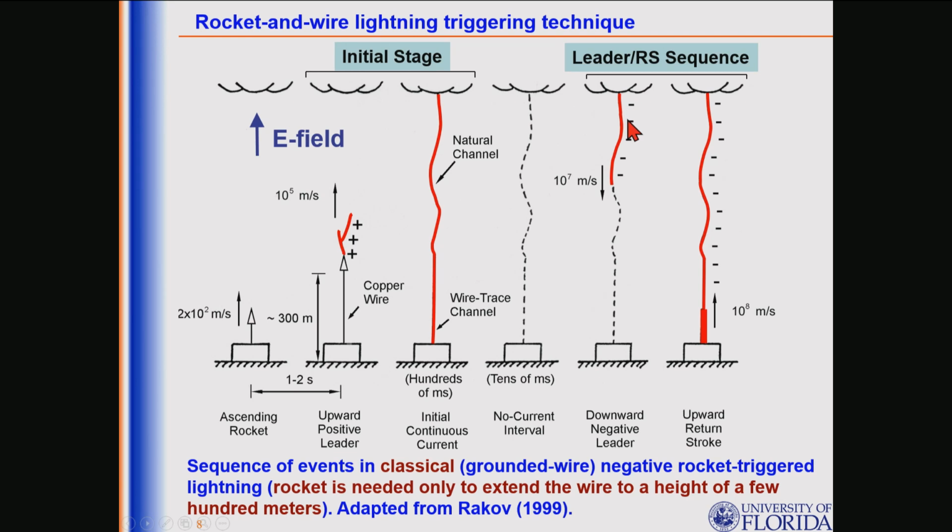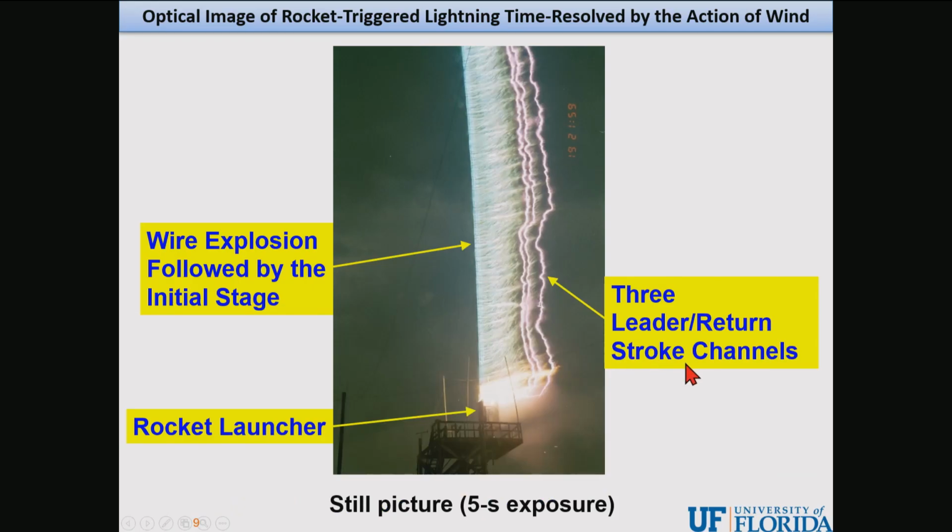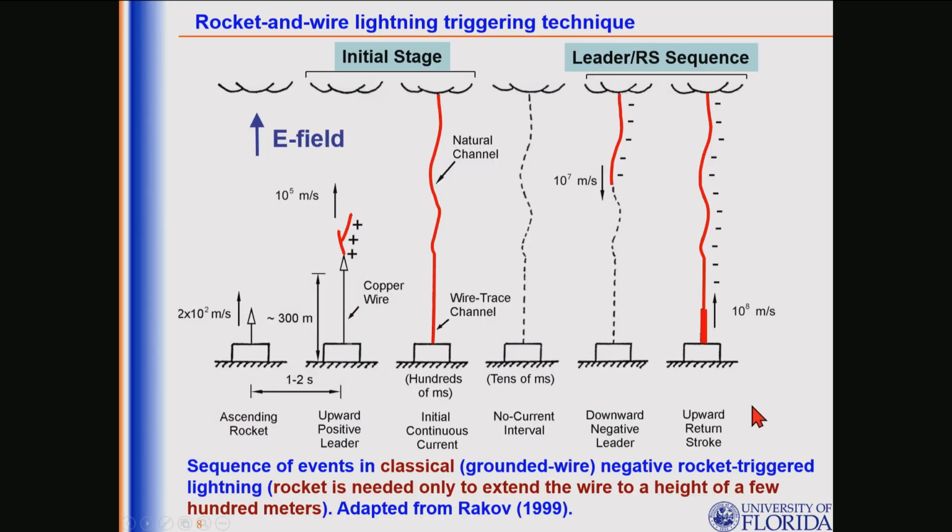It deposits negative charges onto the channel, and when the connection to the launching facility is made, the return stroke propagates upward, with a typical speed of 1/3 of the speed of light. It neutralizes effectively all the negative leader charges. So leader return stroke sequences are just charging, discharging processes. Only one sequence is shown here, but there could be 5, 10, 15 or more.